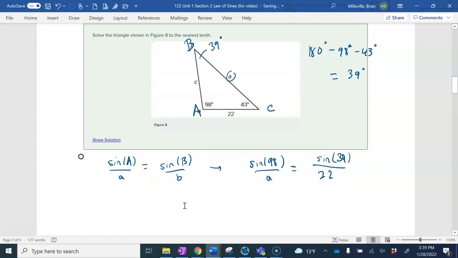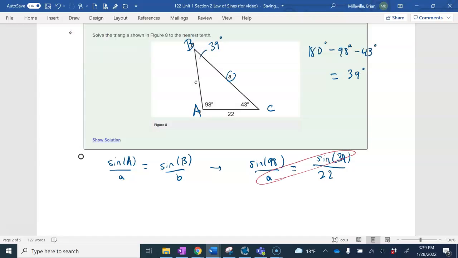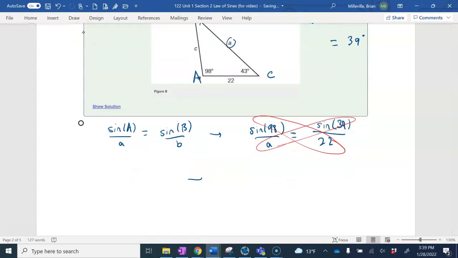Now, we need to solve this equation for A. There are multiple ways we can go about this. What I'm going to choose to do here is cross multiplication. If we have two fractions equal, then their cross products must be equal. So if I multiply A times sine of 39, that must equal 22 times sine of 98.